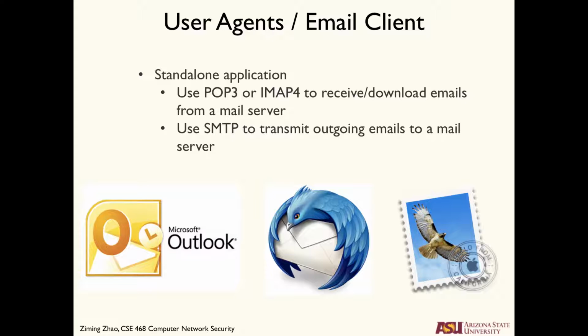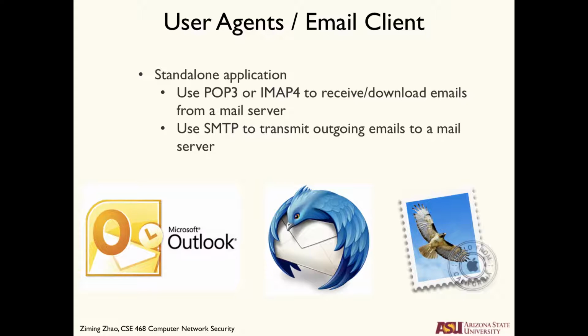So SMTP is a protocol to send mail, and POP and IMAP are the protocols to retrieve emails from mail servers. The very popular standalone mail applications, you may have used Outlook, Thunderbird, or Mac Mail.